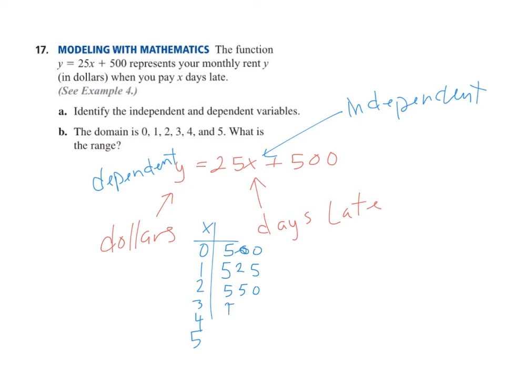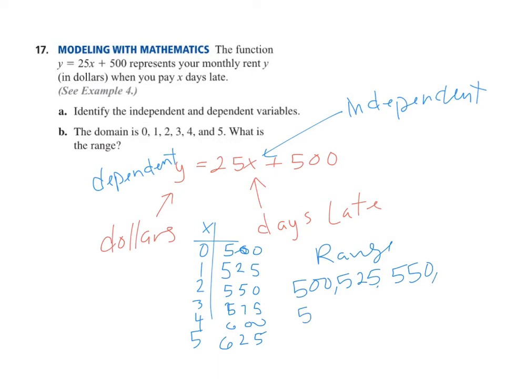The next one's going to be 575, 600, 625. So the question is, what is the range? The range is 500, 525, 550, 575, 600, 625.